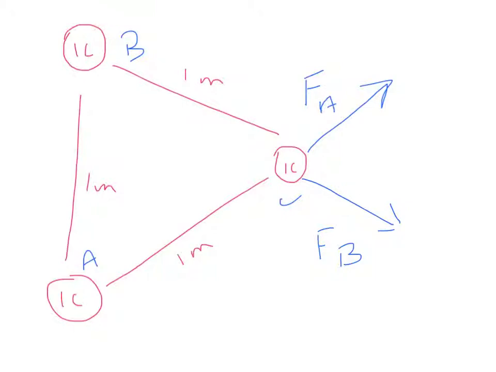So what I'm going to do is redraw B out here. That's going to be FB. The sum of the forces is right there. Okay, so now let's put some numbers in it on the next slide and figure out a way to solve this. Multiple point charges is something that you're going to have to deal with.